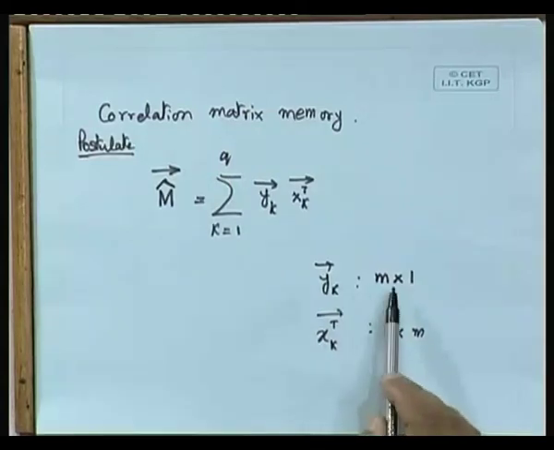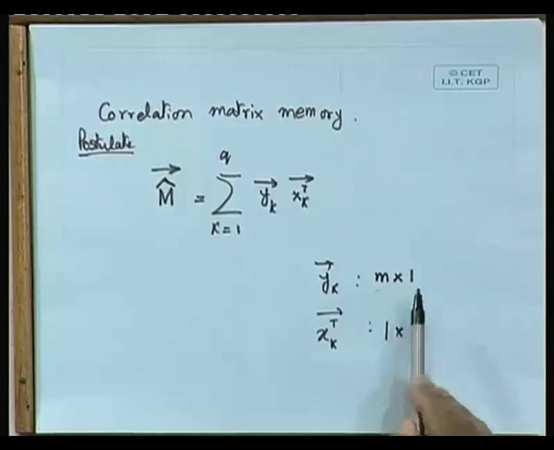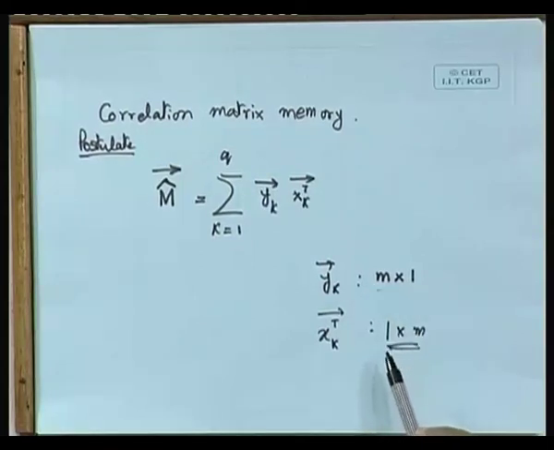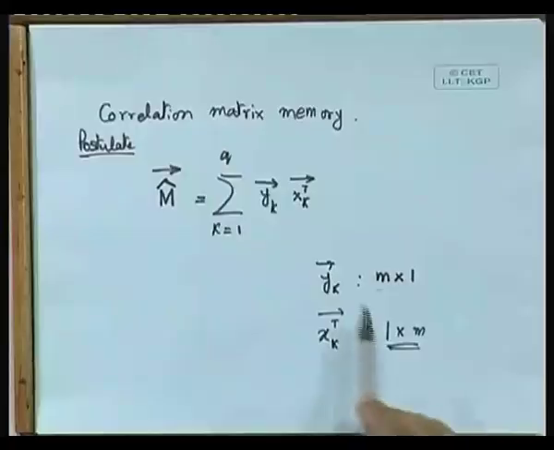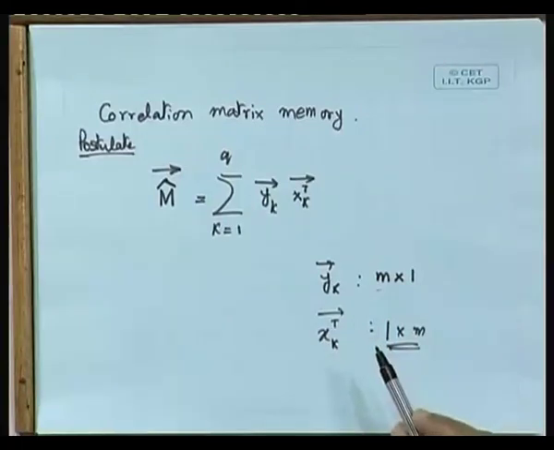When you do the product of an m by 1 vector with a 1 by m vector, you get an m by m matrix. So this is the matrix that you will be getting out of this, and you are summing up all the matrices. Well and fine, because what you actually have is the input stimulus and the output response.